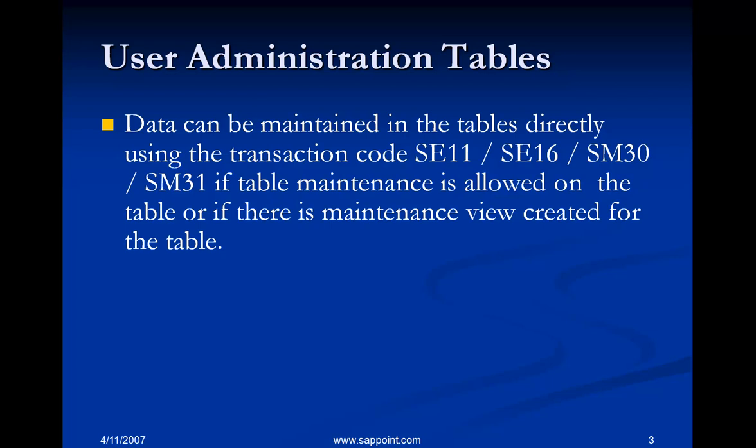And we'll see what we mean by that in the next slides when we go through the user administration tables. So there's a possibility that data integrity will be compromised if you maintain the tables directly. So you should avoid doing table maintenance directly using one of these SE11 or SA16 kind of transaction codes.